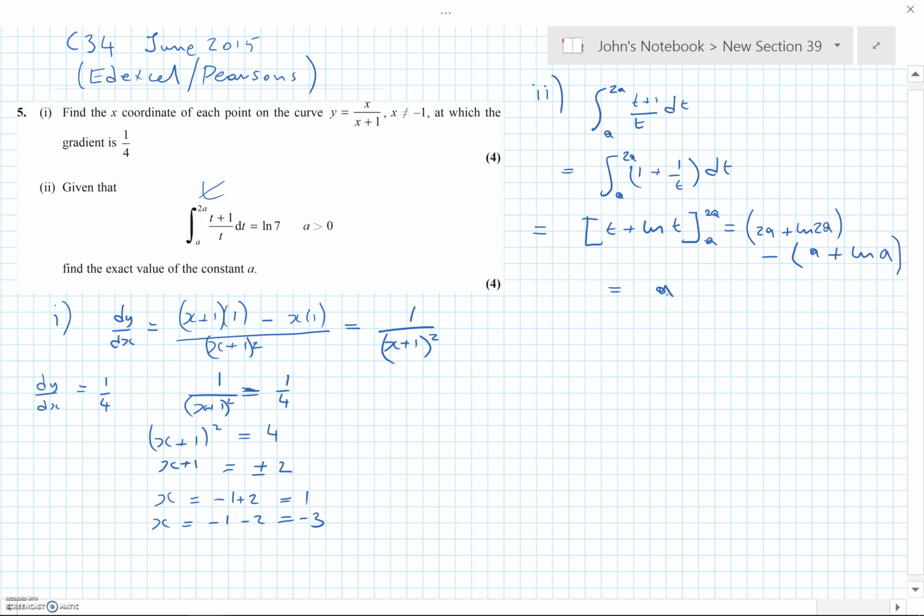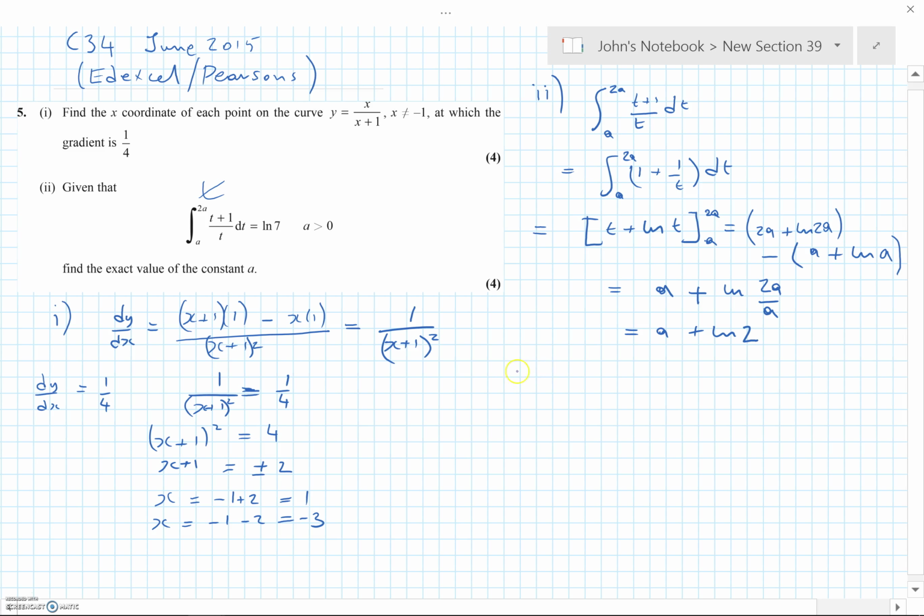And then we've got ln 2a take away ln a, which is ln of 2a over a, using the rule of logs. So that's a plus ln 2.